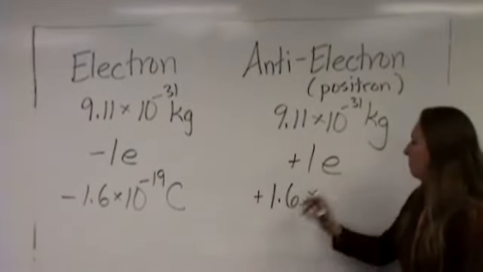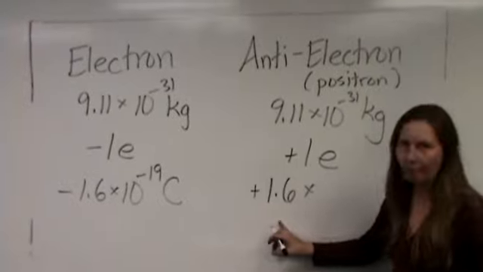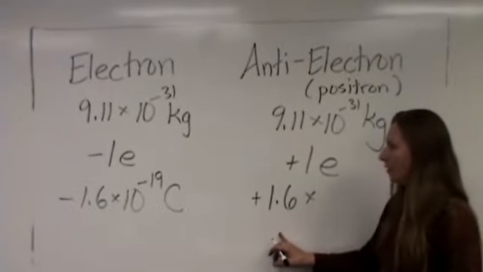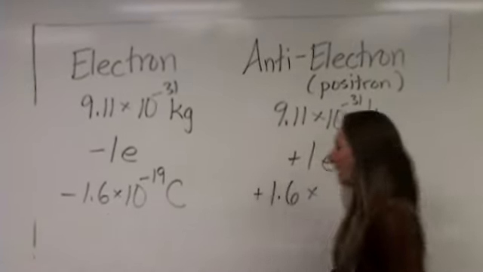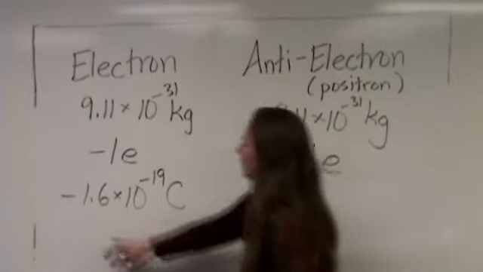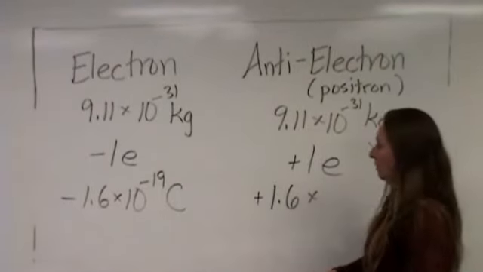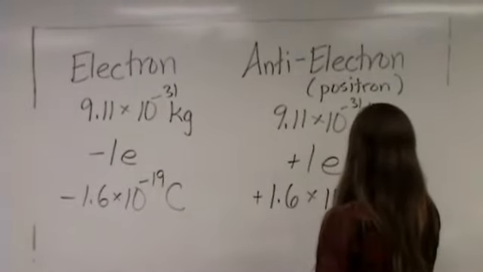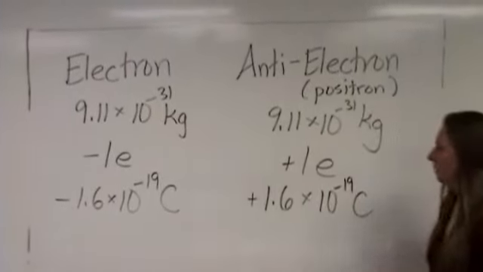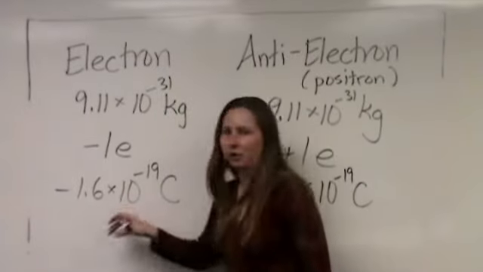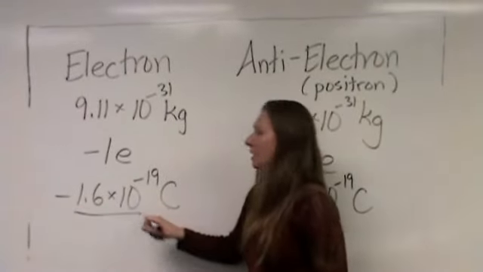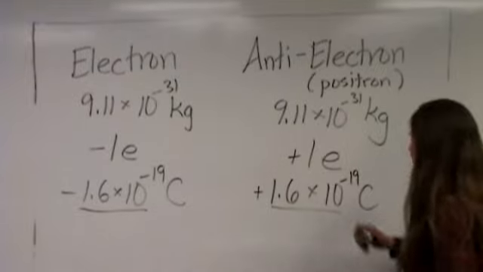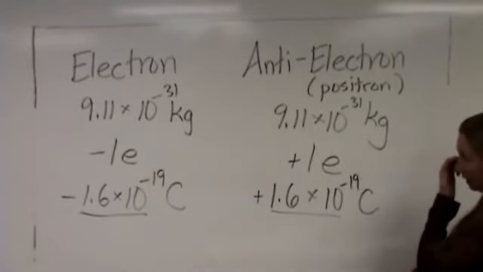Students, remember that magnitude just means number. 1.6 is the magnitude. The negative is the sign, the positive is the sign. I'm sorry, the number would include the exponent. 1.6 times 10 to the negative 19 is the magnitude.